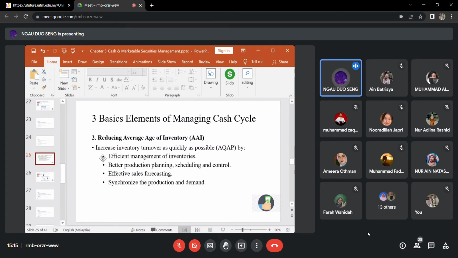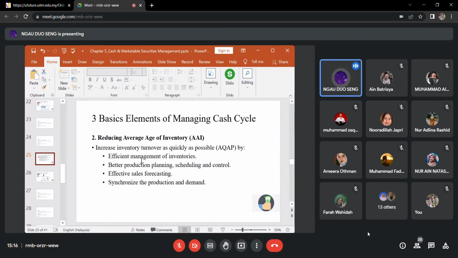The second strategy is reducing the average age of inventory, the AAI. So increase inventory turnover as quickly as possible by efficient management of inventory. Make sure that when you receive the materials, you produce in an efficient way, meaning you shorten the production time.